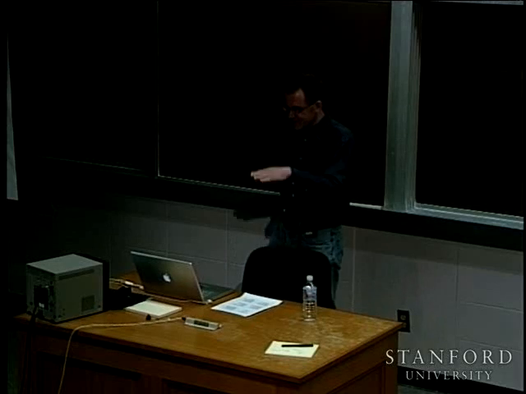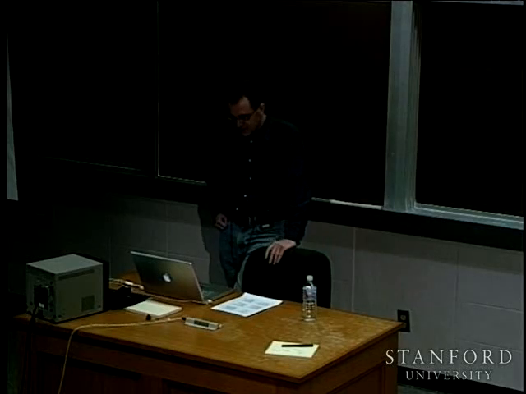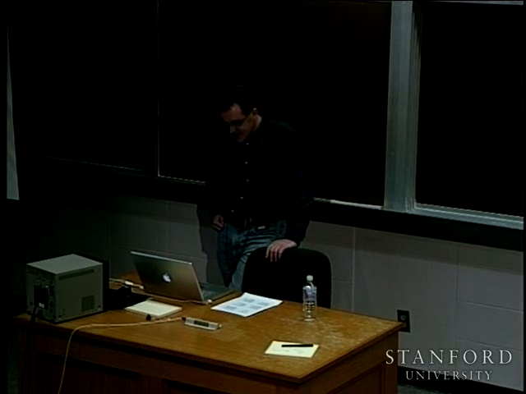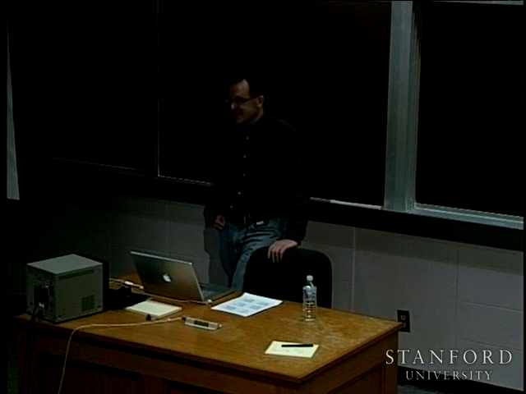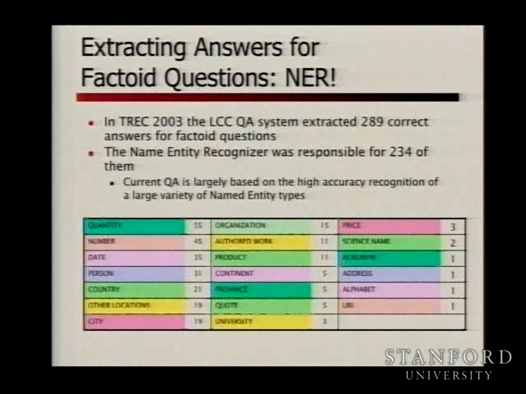There's a listing below. There were 55 quantity questions, 45 number questions, 35 dates, 31 persons, and then heading down into products, continents, universities, addresses, URIs, prices. And so a central tool that LCC has is a named entity recognition system that works over a very large number of named entity types.